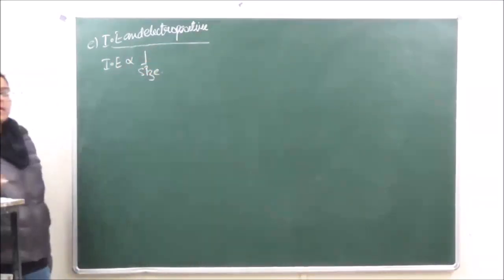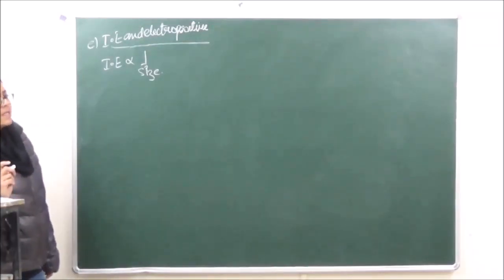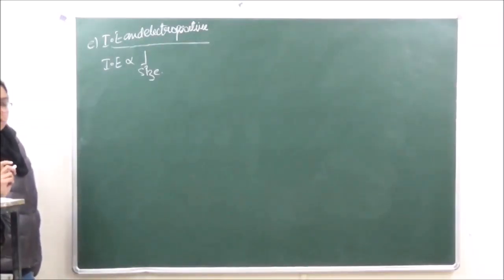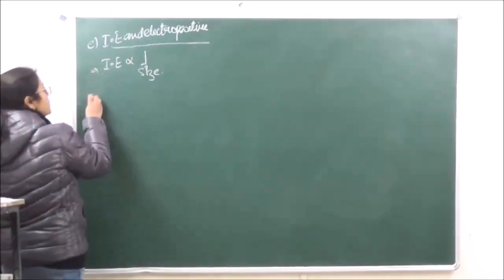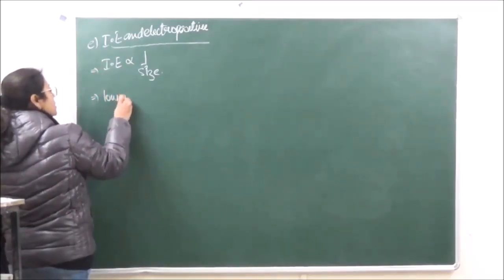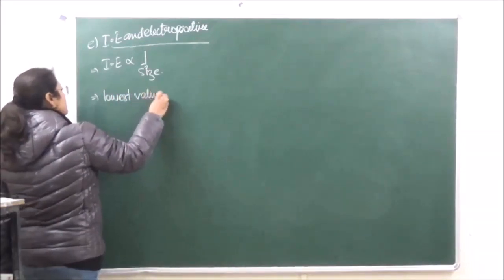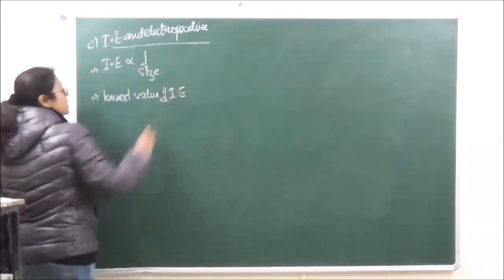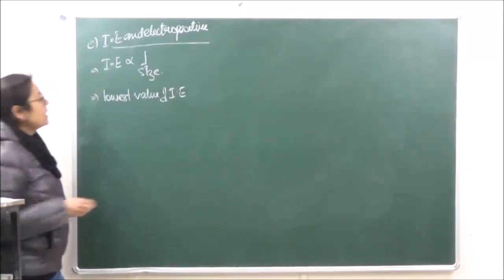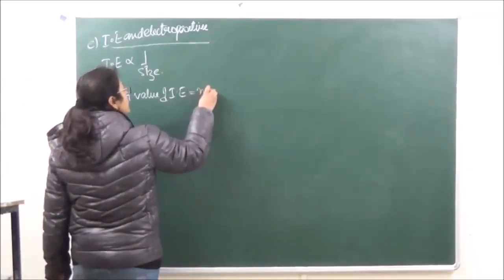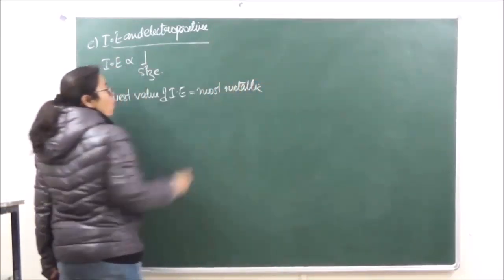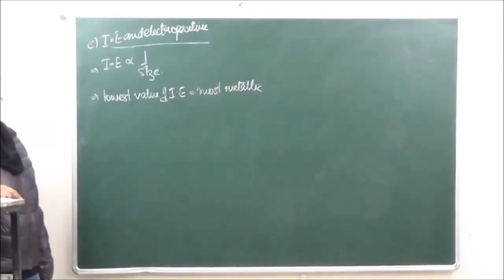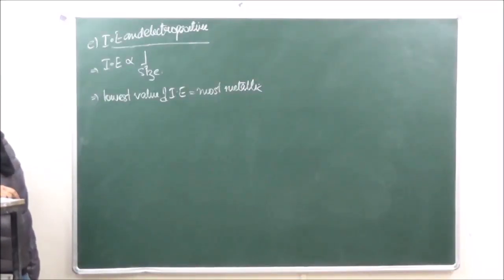We have already spoken about the fact that the alkali metals have the largest size in the periodic table. Therefore, they have the lowest values of ionization energies, and they are going to be most metallic.